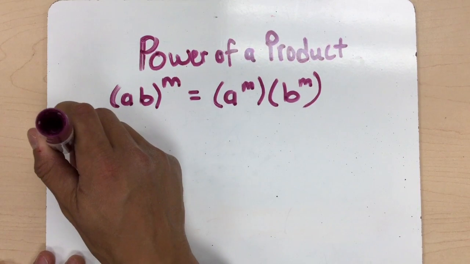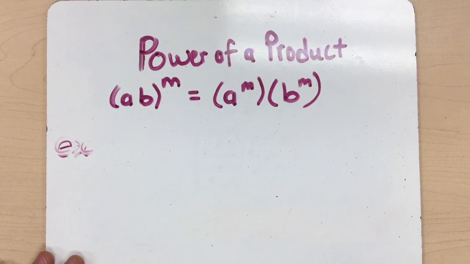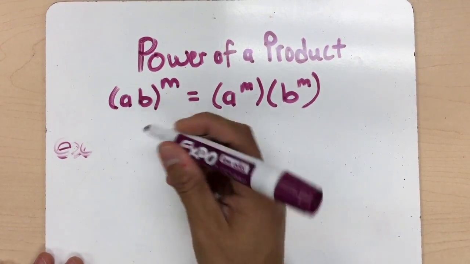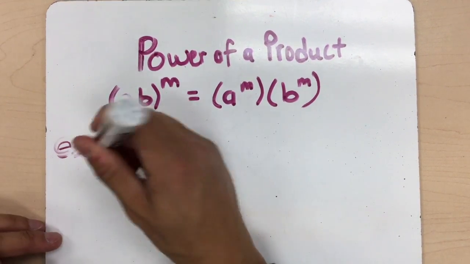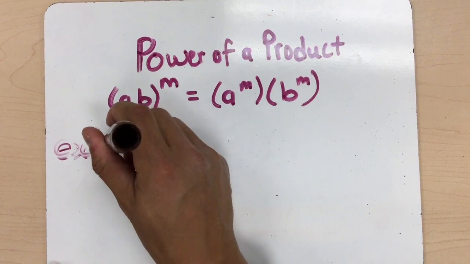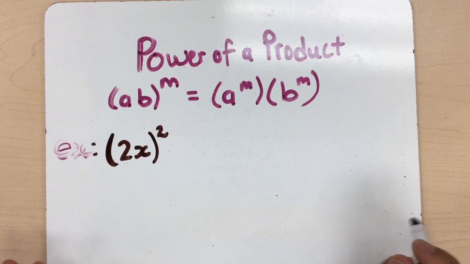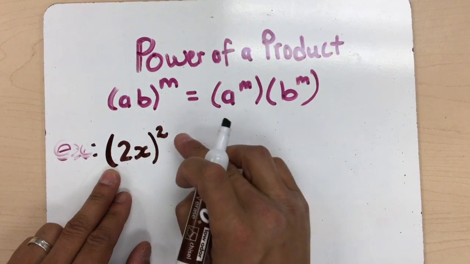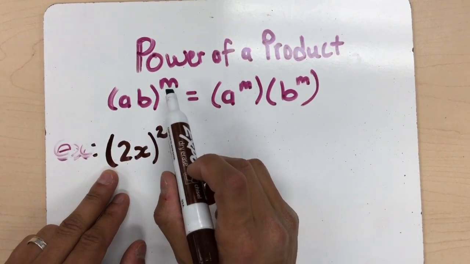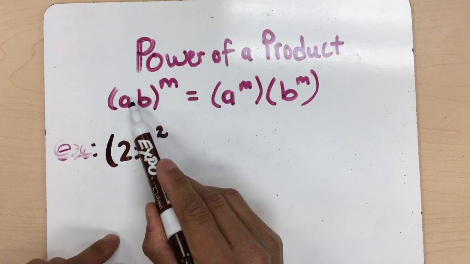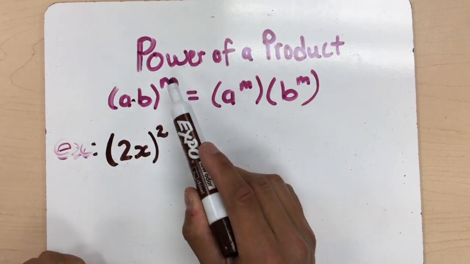And so as an example of what you might see, how you might encounter this, if we had 2x squared, remember what this means is I have 2 groups of 2x, but according to my power of a product law, my bases are being multiplied and being raised to the m power.